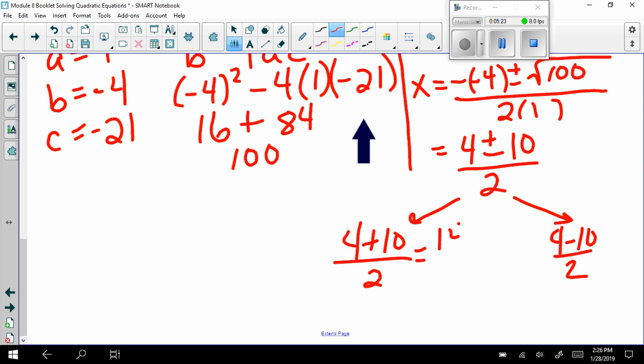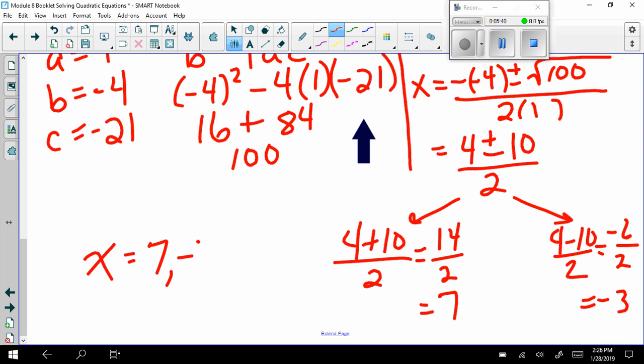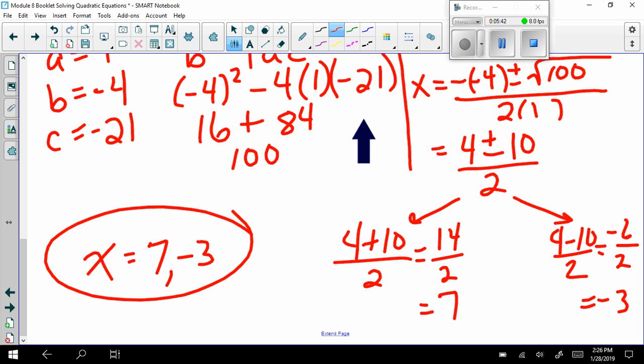So I get either 14 over 2, which is 7, or I get negative 6 over 2, which is negative 3. So my two solutions here are 7 and negative 3. So I have two real and rational solutions.